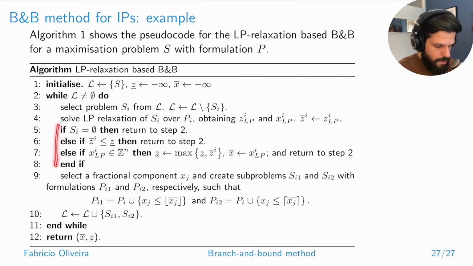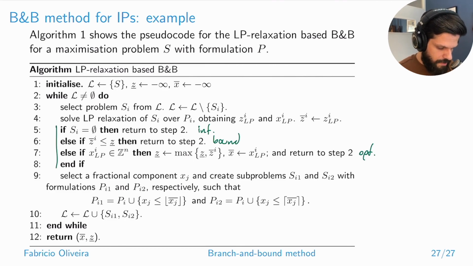These are our tests for pruning. So we're trying here to prune by infeasibility. If that doesn't work, I try to prune by bound. And if that doesn't work, I check if I can prune by optimality.